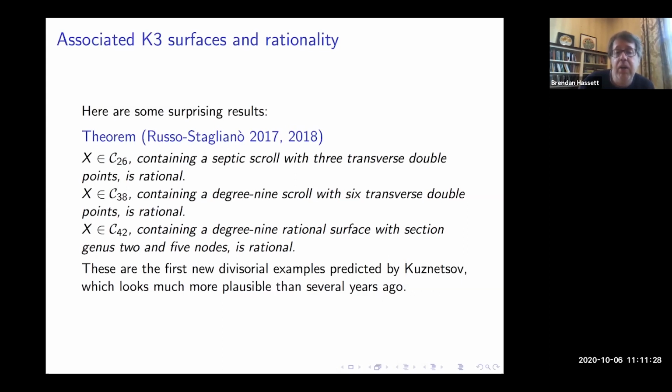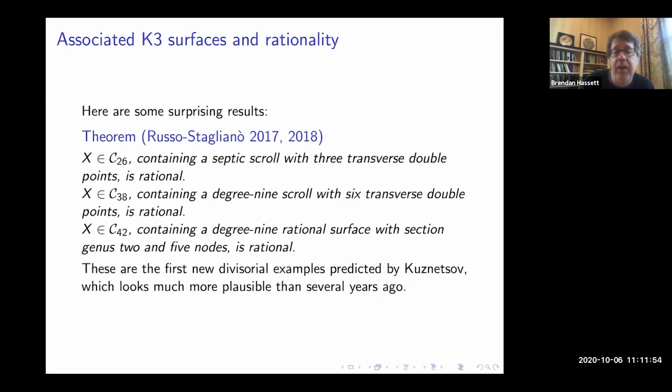The variety of lines here coincides with the Hilbert scheme of length 2 subschemes on the K3. And so you expect these septic scrolls. They study the projective geometry of these septic scrolls with 3 transverse double points and show that they can obtain a rationality construction. There are similar constructions that are valid for C38.